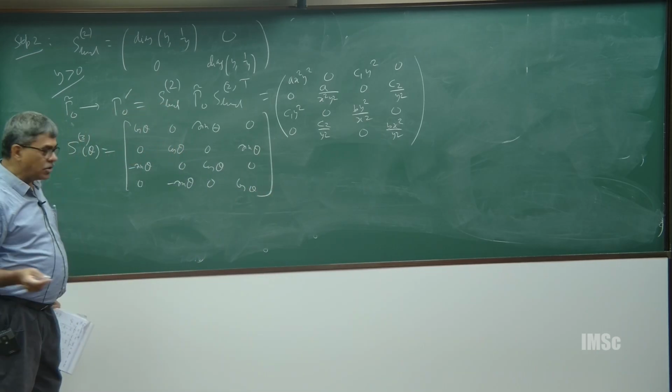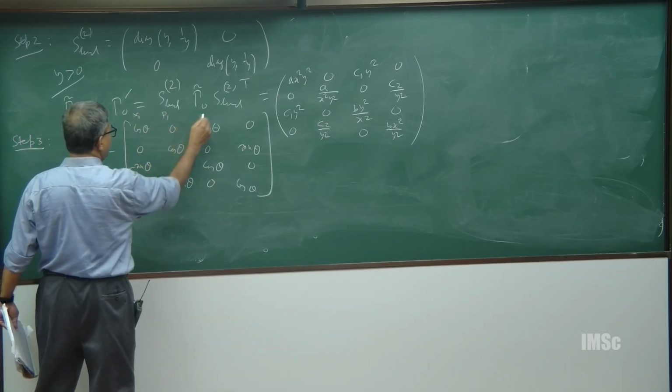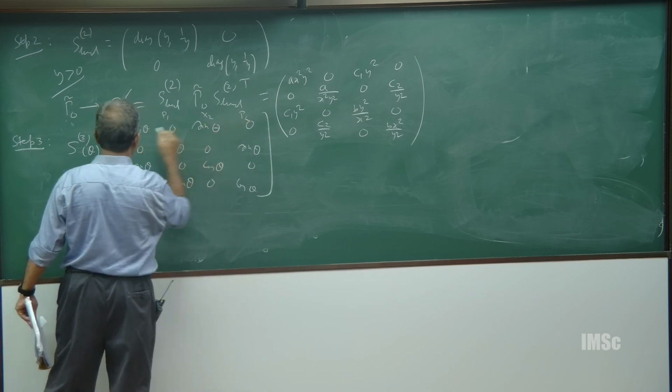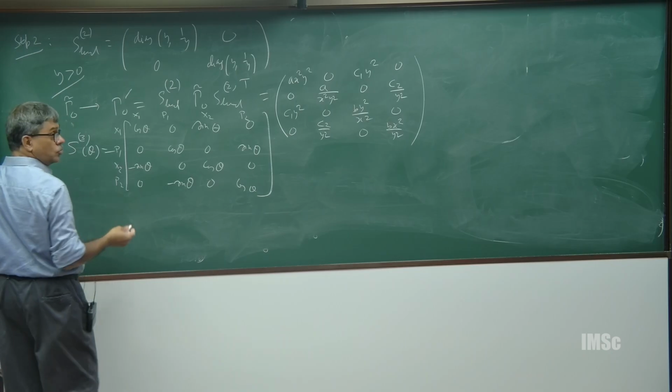So, what is going on? This is your x 1 and p 1, this is x 2 and p 2, here also x 1 p 1 x 2 p 2.